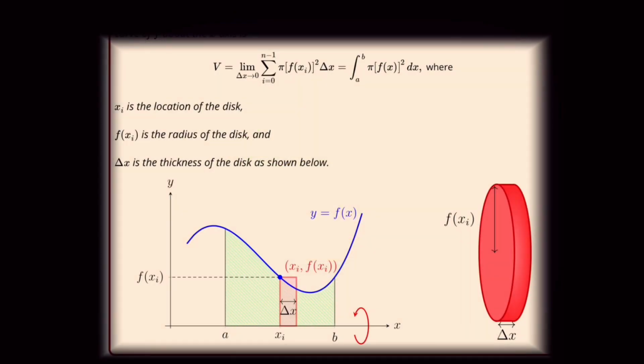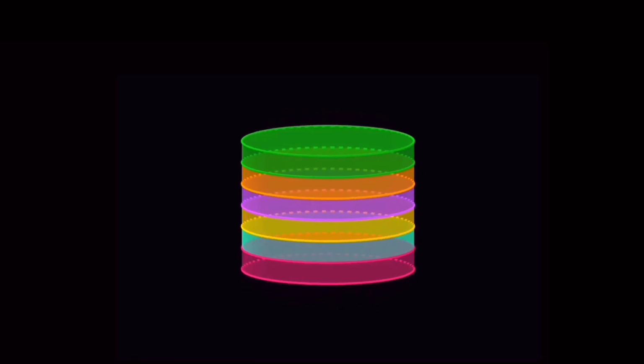So given any curve in the xy plane, one can think of slicing it up with rectangles, the area under that curve, and three-dimensionally thinking about rotating those rectangles around to make the disks that we will be summing up using integration. And we'll integrate along the axis of rotation.